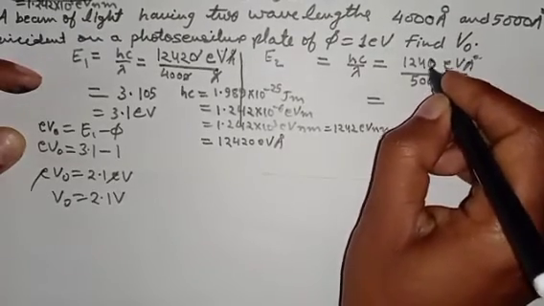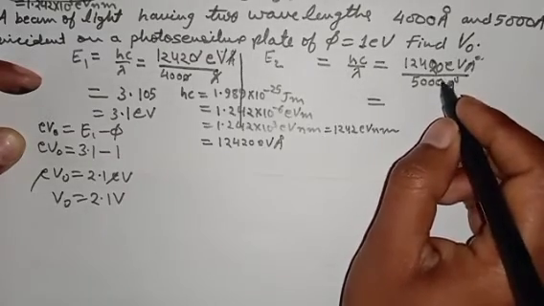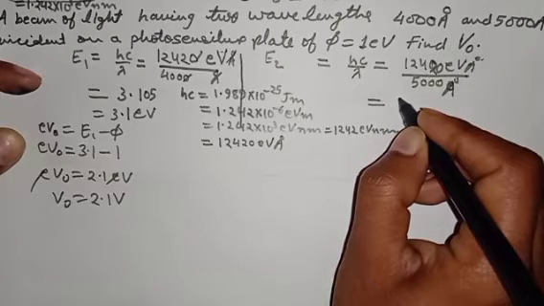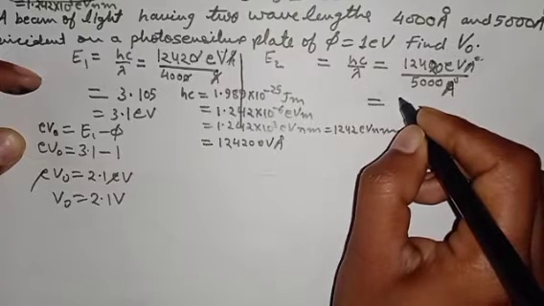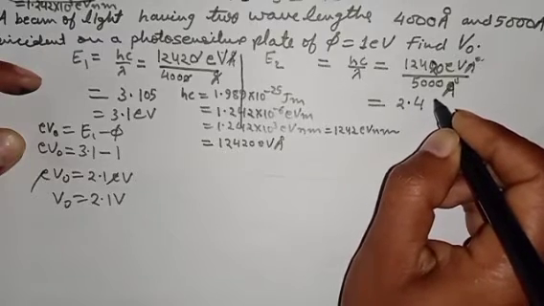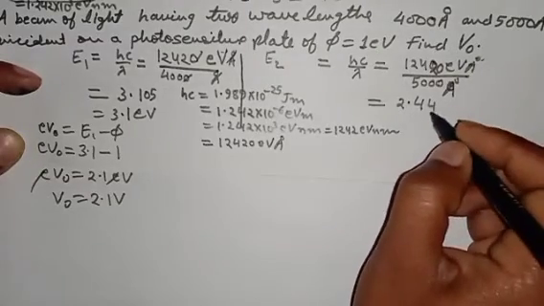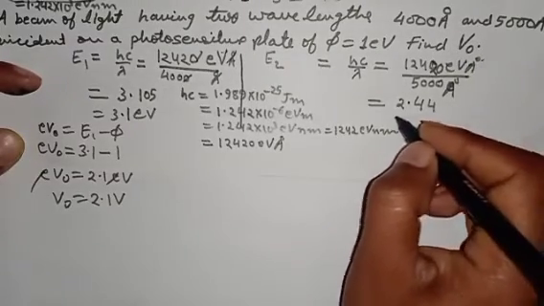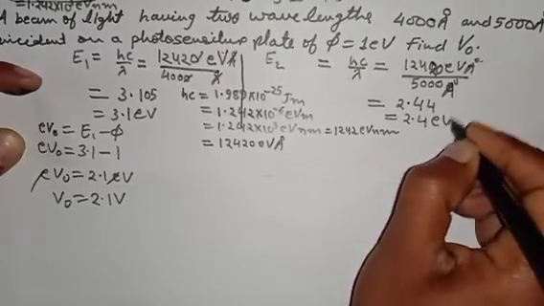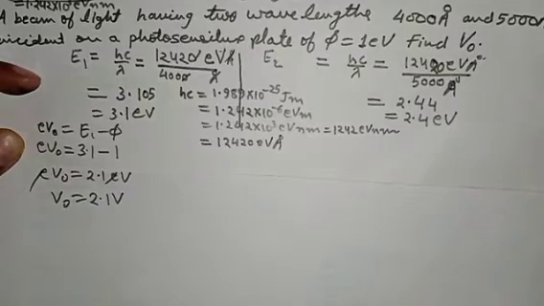Oh, one thing I missed. Okay, that's why the trouble was there. So 5 2s are 10, 5 4s are, and again 5 4s are, and it will go on. That's enough. 2.4 electron volt is enough, and for stopping potential you can do it yourself.